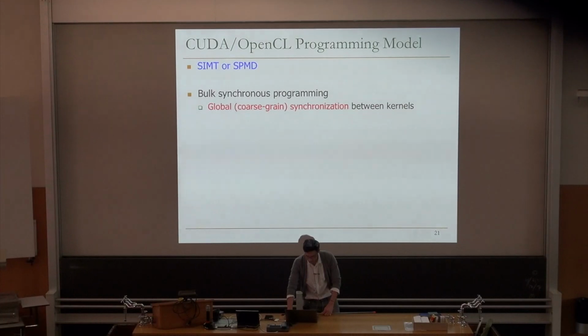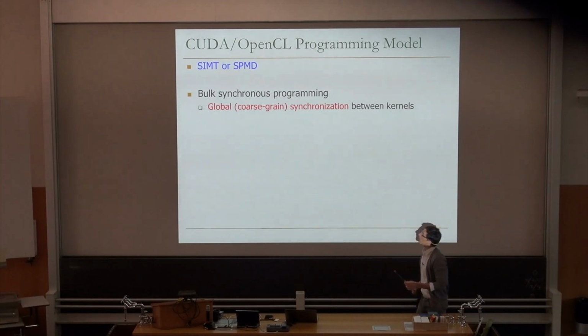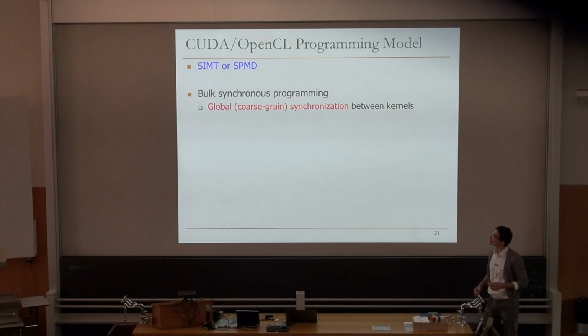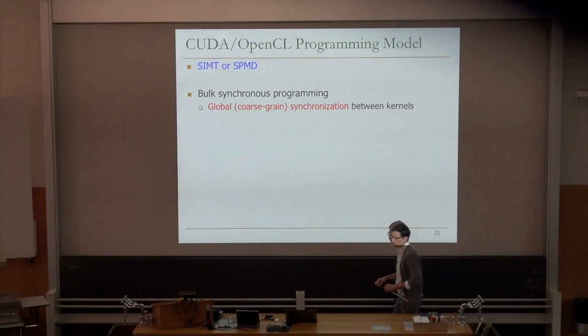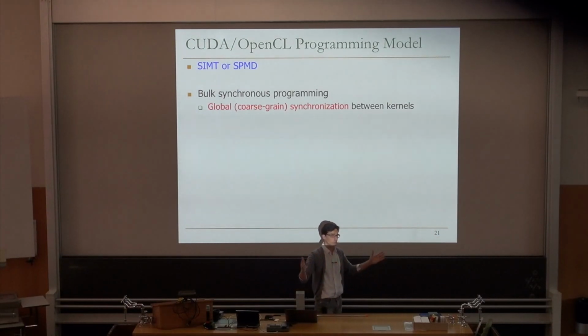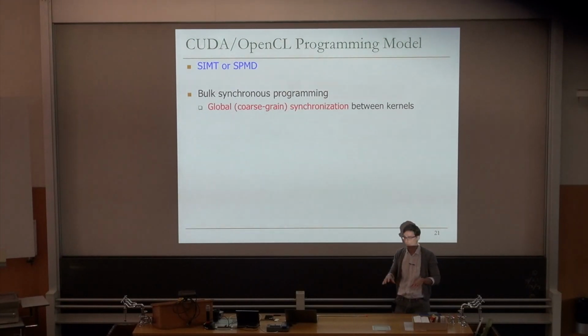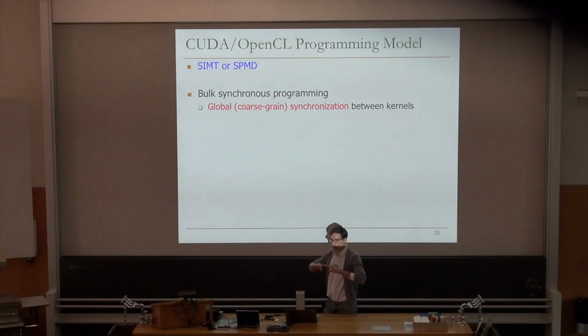So this SPMD, also called SIMT, Single Instruction Multiple Thread programming model, is a bulk synchronous programming model. And what does it mean? This means that if we want to synchronize these multiple streams of instructions, these multiple threads that are going to run in parallel or concurrently on the GPU hardware, we will need to terminate the kernel.